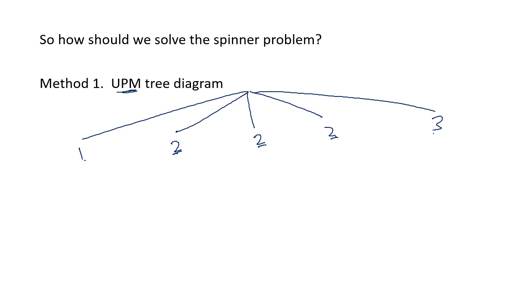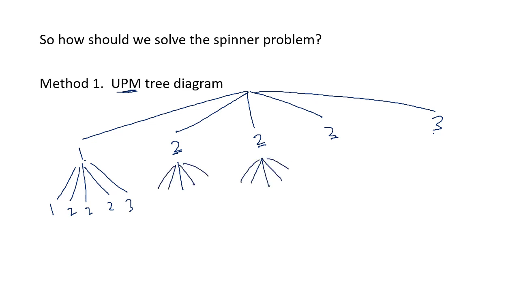But for right now, for the purposes of this problem, we're going to leave things as they are. Now here, I'll do the same thing. So on my second spin, I've got 5 outcomes, 1, 2, 2, 2, 3. The same thing here, the same thing here, here, and here.